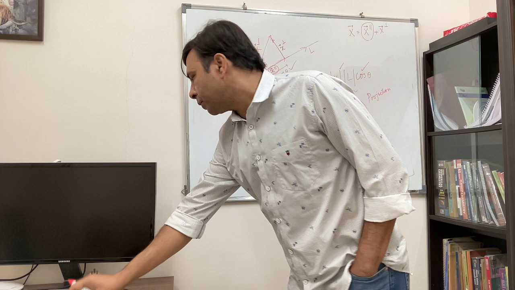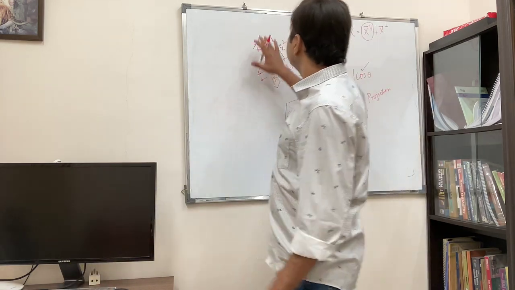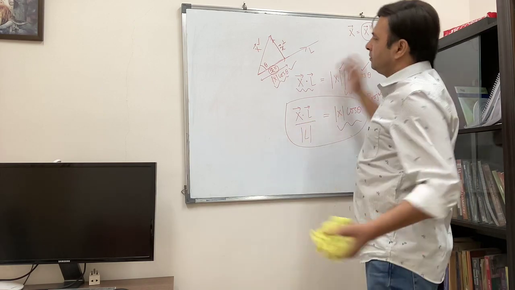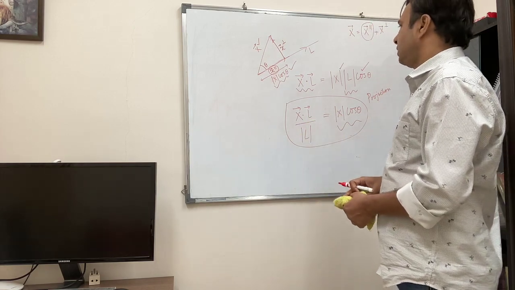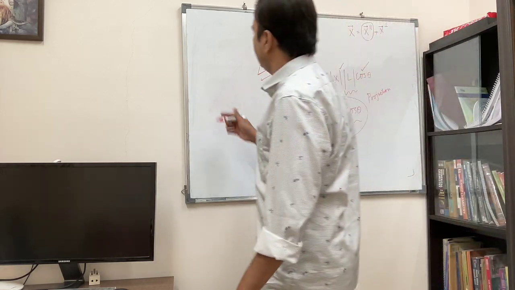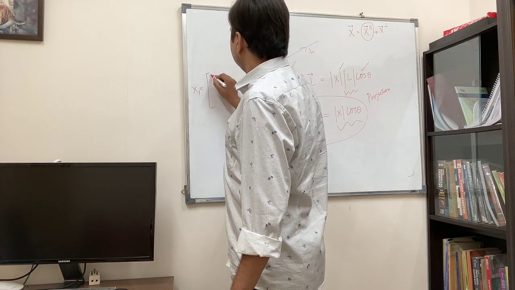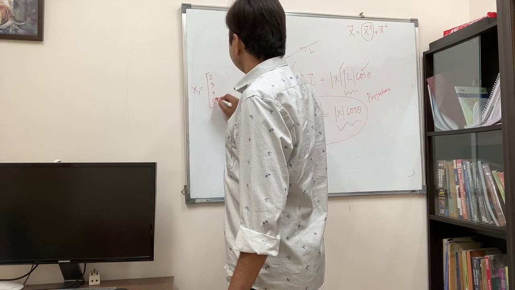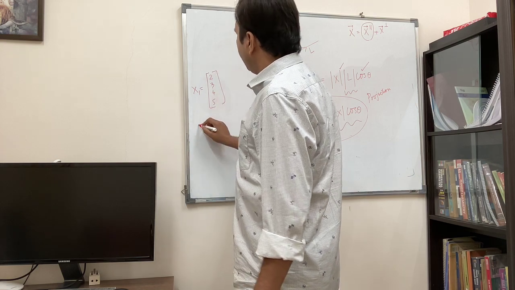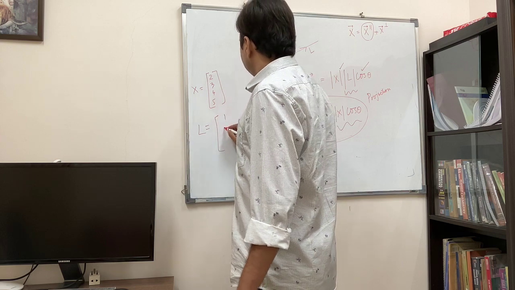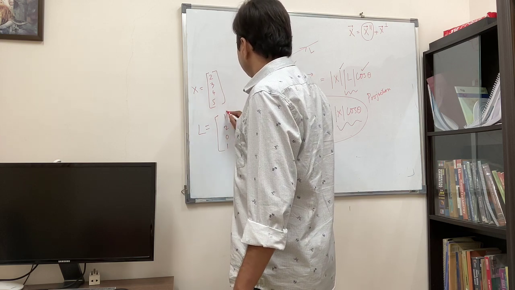So let's try to do a projection for some vector. The picture I have drawn is for 2D, but the same concept can be stretched to any dimension. So let's extend it to some other dimension. Let's say x is 2, 3, 4, 5, and let's say the line L is 1, 2, 0, 1.